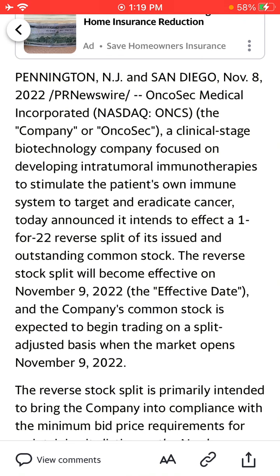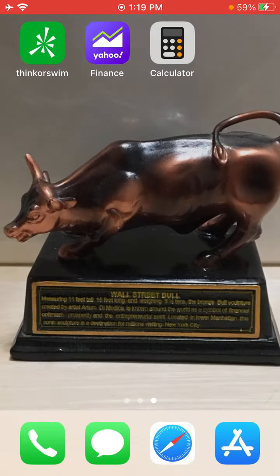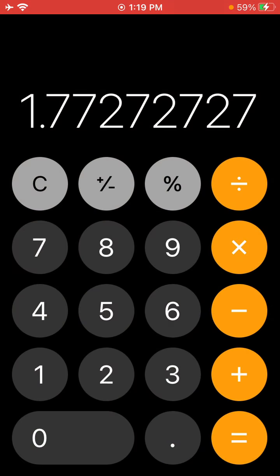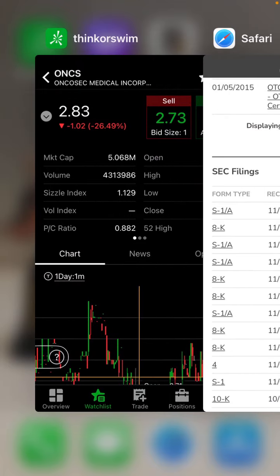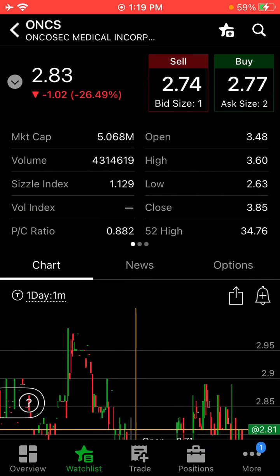And then we said the float shouldn't be more than the shares outstanding. So if this is also the shares outstanding and we times it by the current price, we shouldn't get more than like a 5 million market cap.